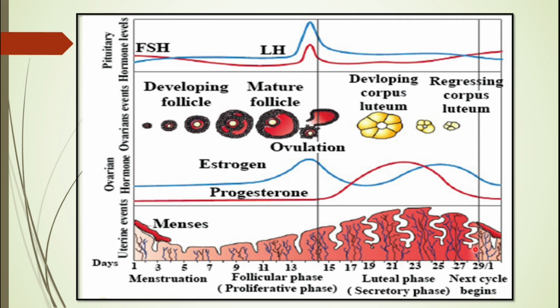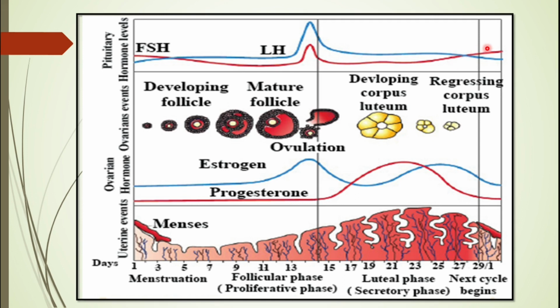And the phase when there is the support of the corpus luteum with the production of progesterone is called the luteal phase. So the luteal phase continues for 14 days and we reach the end of the cycle, that is on the 28th day. And when on the 28th day there is the discharge of blood, automatically we understand that the next cycle is beginning, or once again there is an increase in the FSH production.